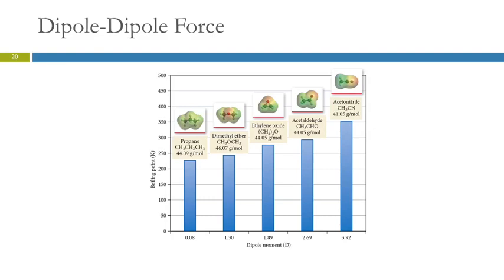So the dispersion forces between them should be similar. So that's not what's accounting for this difference in boiling point. What's different is that propane is a nonpolar molecule. It has a dipole moment of only 0.08, almost nothing. And acetonitrile is much more significantly polar, 3.92. As the dipole moment increases in strength, the boiling point goes up.